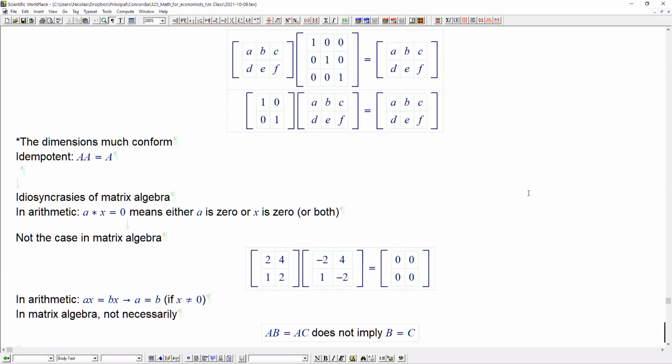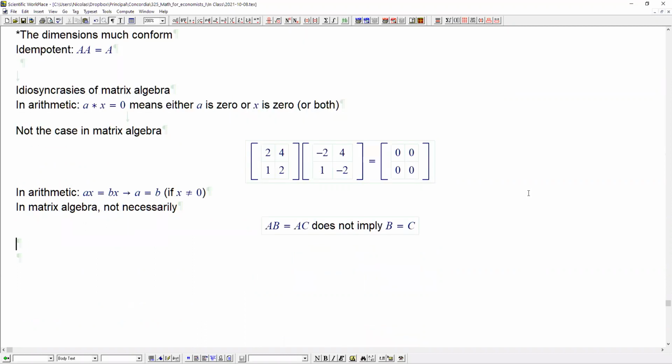No idea, too early in the morning. So it's just the two last examples we've seen.